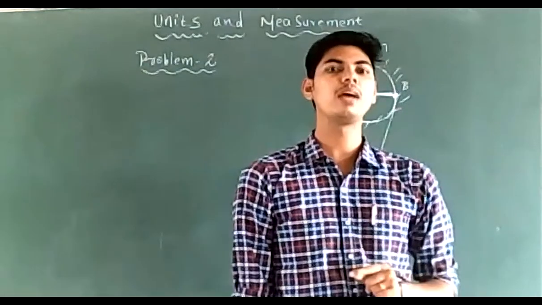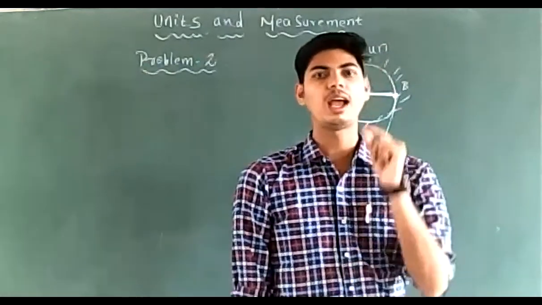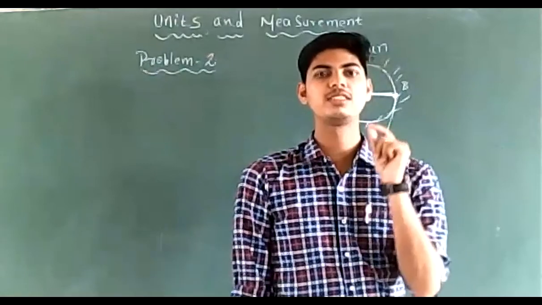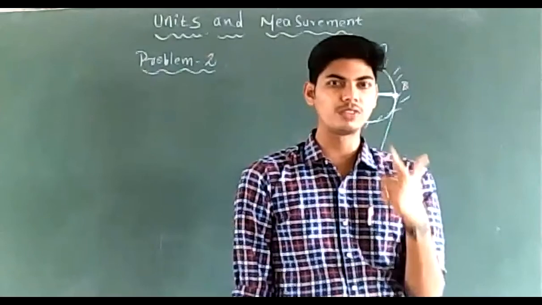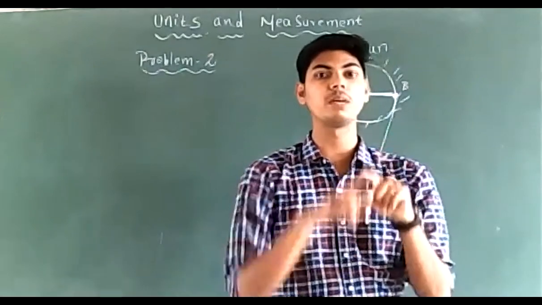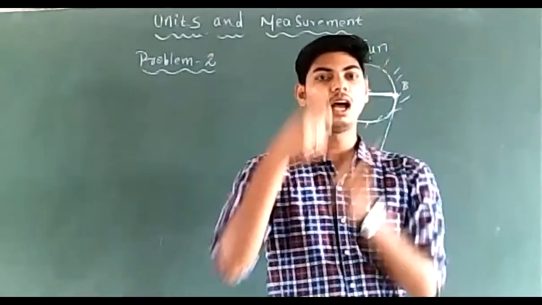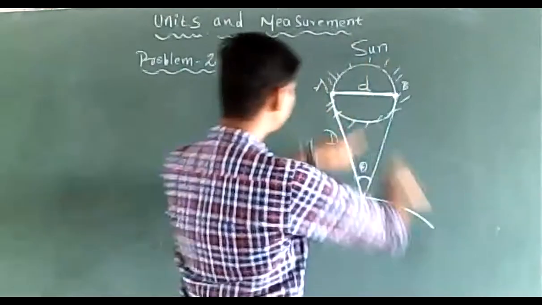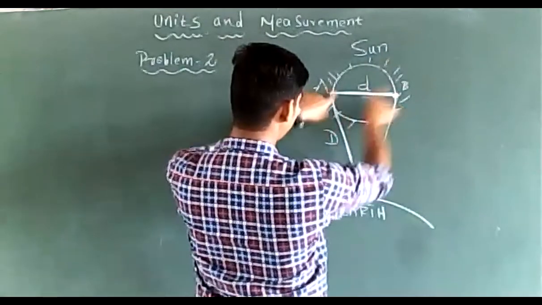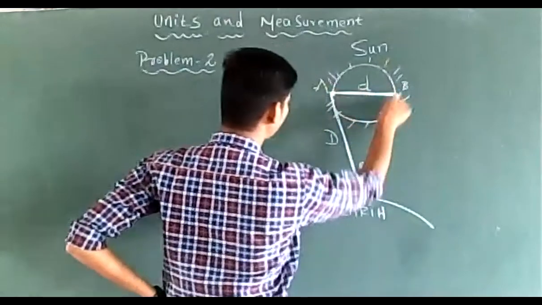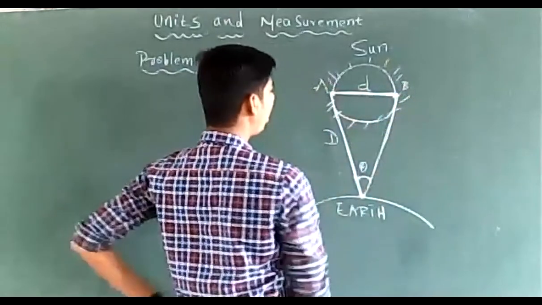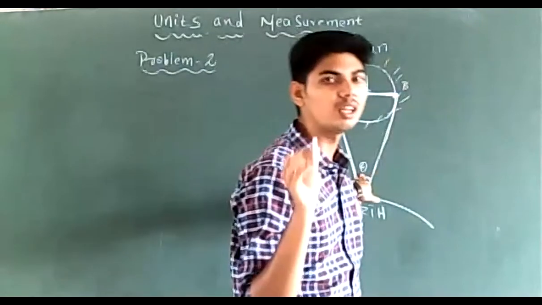Angular diameter is the angle subtended by the diameter of the sun at the earth. Is this the diameter of the sun? The angle that this diameter subtends at the earth, we call that angle the angular diameter.